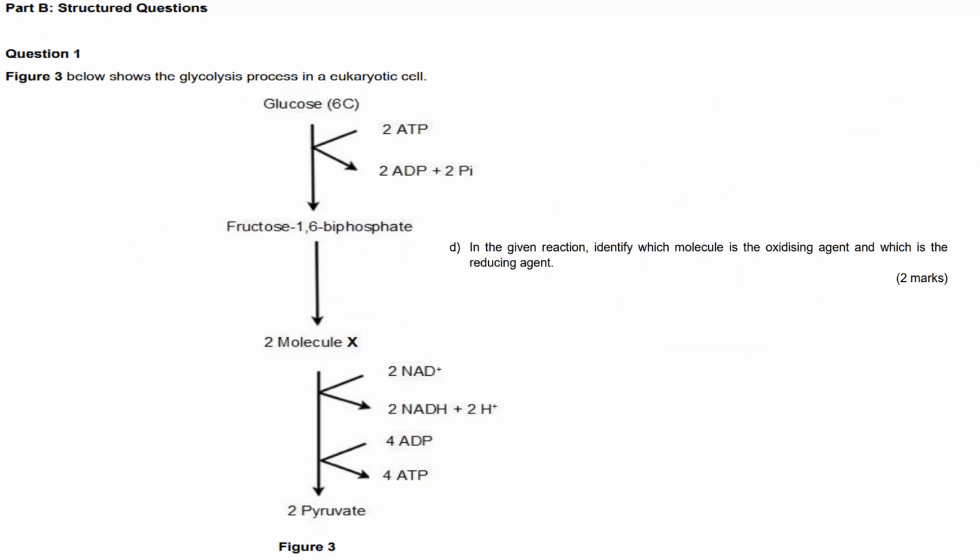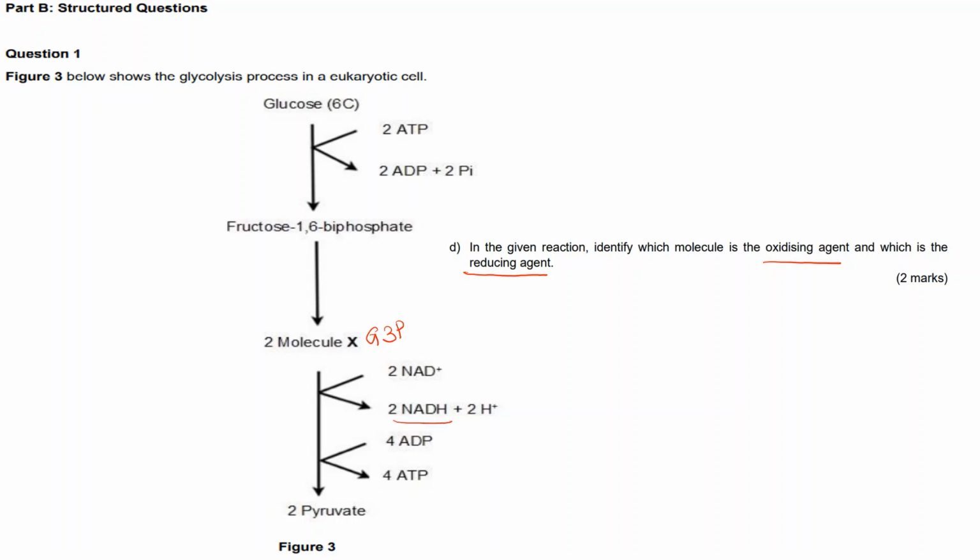Question D. In the given reaction, identify which molecule is the oxidizing agent and which is the reducing agent. In the glycolysis process, you know that X is a molecule we call G3P, glyceraldehyde triphosphate. And then you see this NADH.